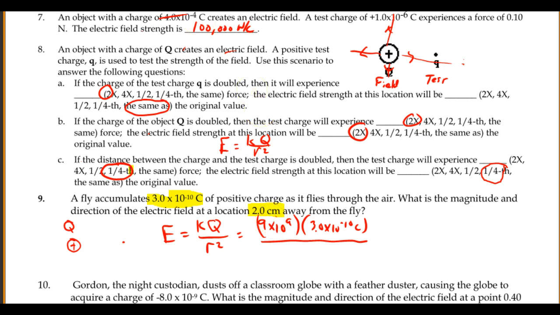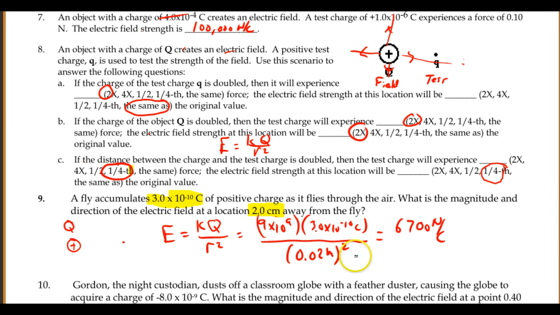So the electric field strength is going to be divided by 0.02, that's meters, and we have to square that. Okay, now that gives us a value of 6,742. We really only have two significant figures, so 6,700 newtons per coulomb.